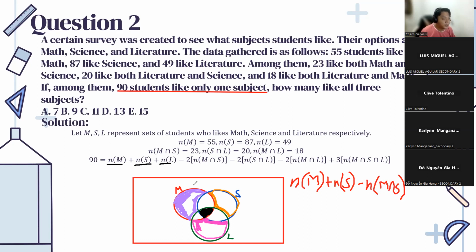This equates to the area of the purple and the orange, those who like math and science only.